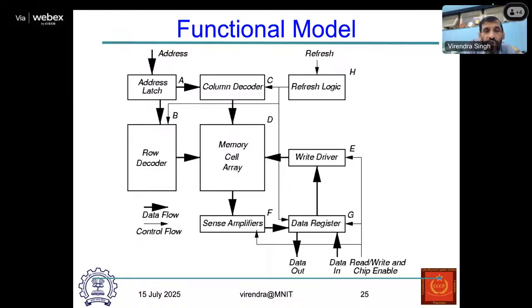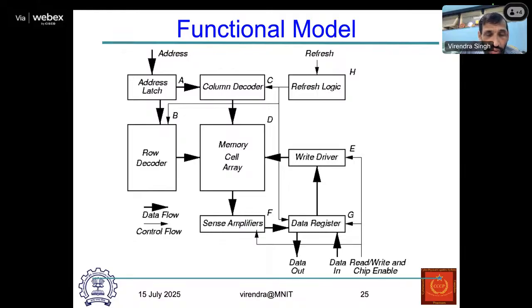So the column decoder will decode. The column decoder is a combinational logic, the row decoder is a combinational logic. Only the memory cells are the storage cells that we have. And now, if you remember how the memory system works, when you want to read or write in SRAM, you have the bit and bit bar lines.